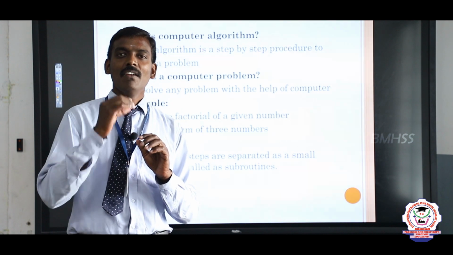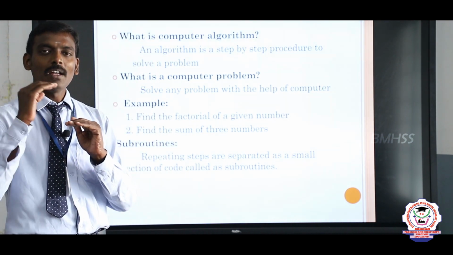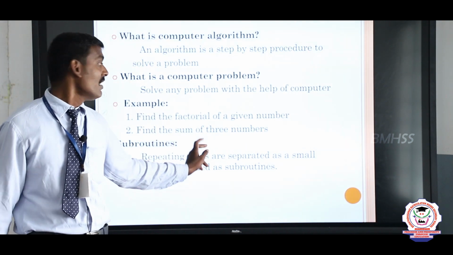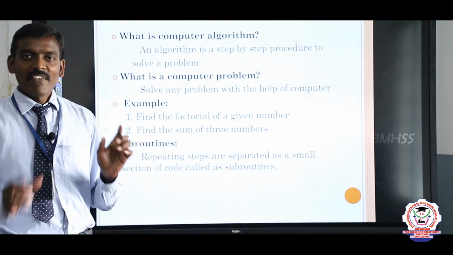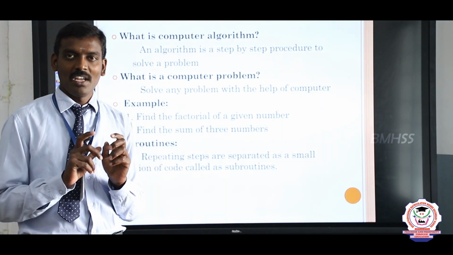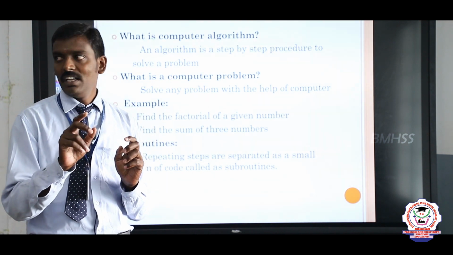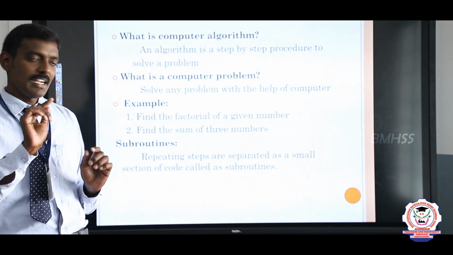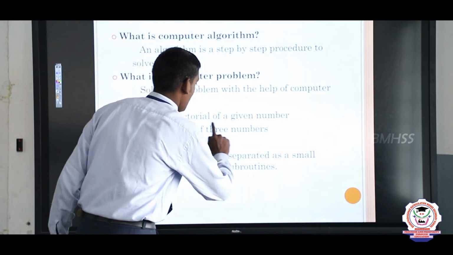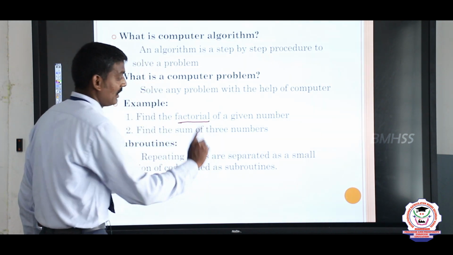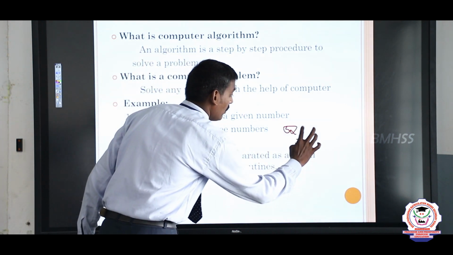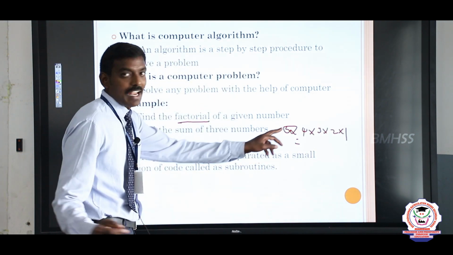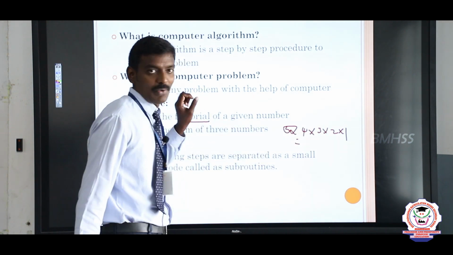In the same way, we use the computer to solve a problem, for example, to find the factorial of a given number. 5 factorial is calculated as 5 into 4 into 3 into 2 into 1. This calculation can be done with the help of a computer.